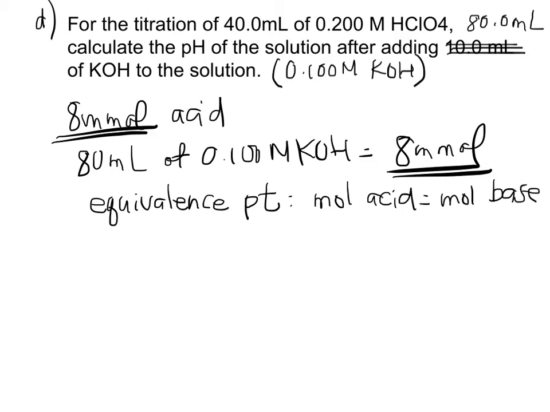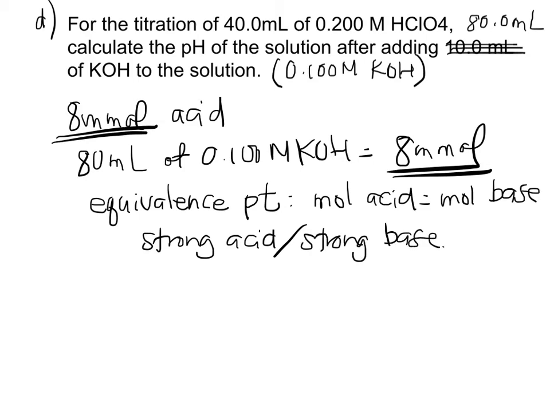And if we have a strong acid and a strong base at the equivalence point, we know that the pH is 7. There we go, that's it.